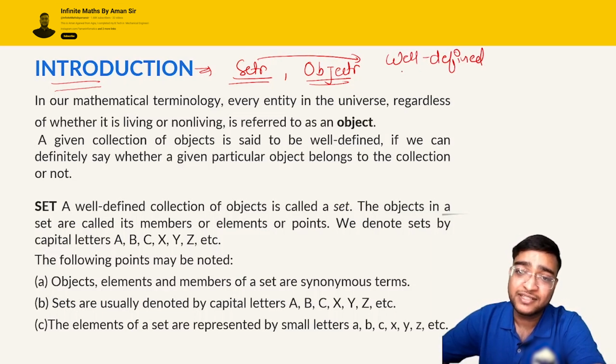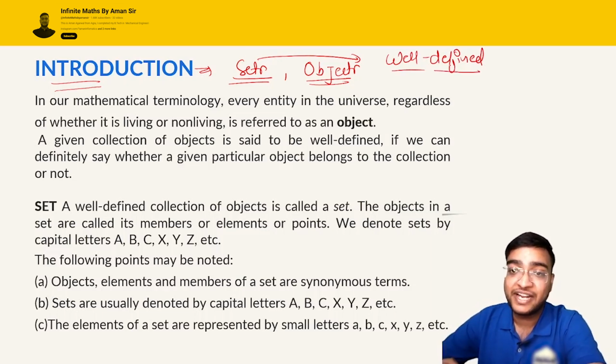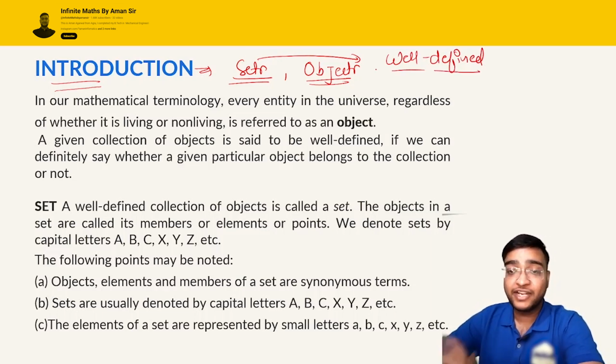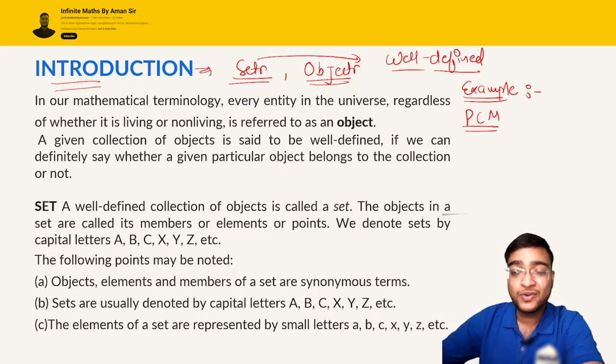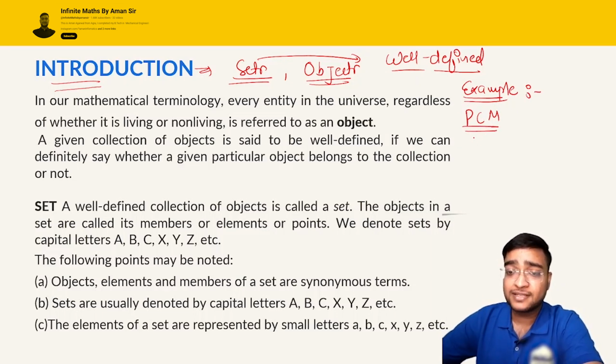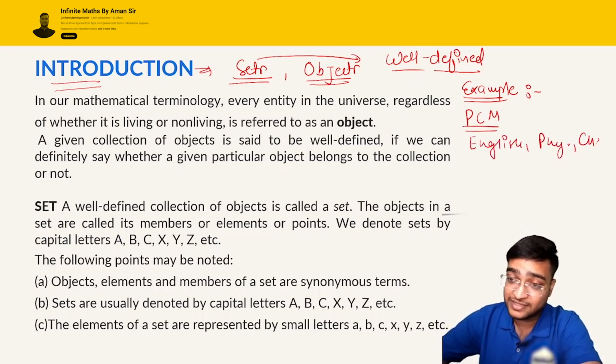So what is well-defined, sir? As the word suggests, well-defined means, let me take one example. If I ask you what your subjects are in class 11, if you are a PCM student, you can say, sir, my subjects in class 11th are English, physics, chemistry, mathematics, and lastly physical education.